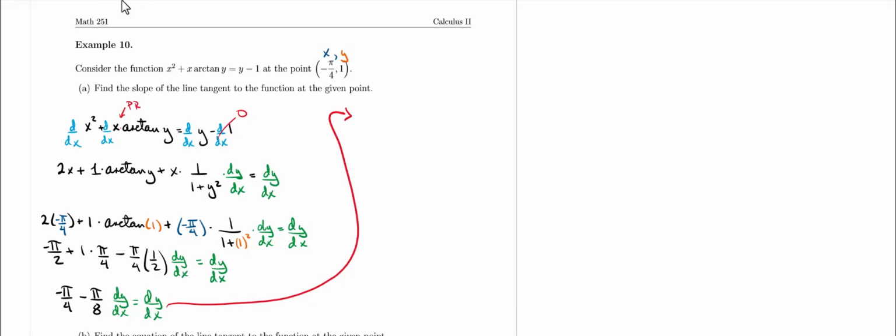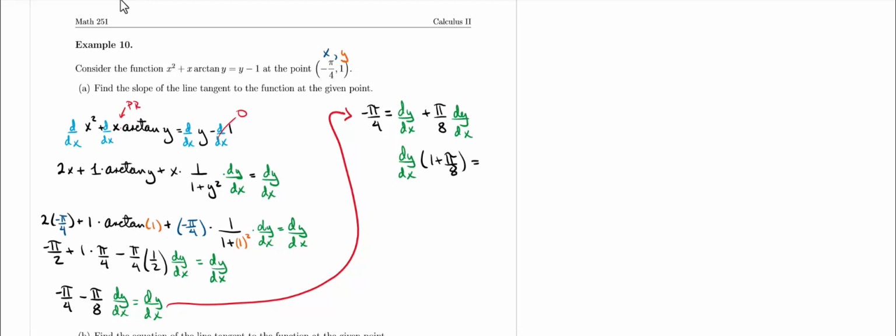Continuing here, I'm going to isolate the dy/dx. So I'm going to have negative pi over 4 equal to dy/dx plus pi over 8 dy/dx. Now factoring out a dy/dx on the right hand side, we are left with dy/dx times 1 plus pi over 8.